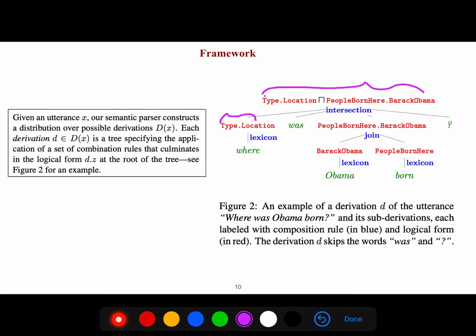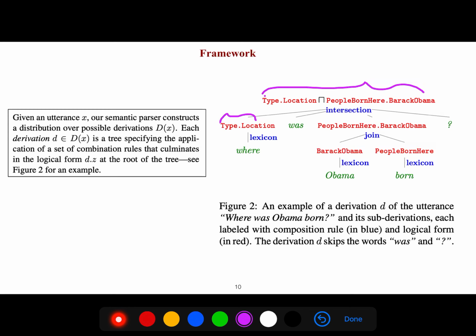So this is semantic parsing. It's different from dependency parsing, which is more syntactic, more linguistic. But here is more semantic, more meaningful, like the semantic web, like semantic parsing.